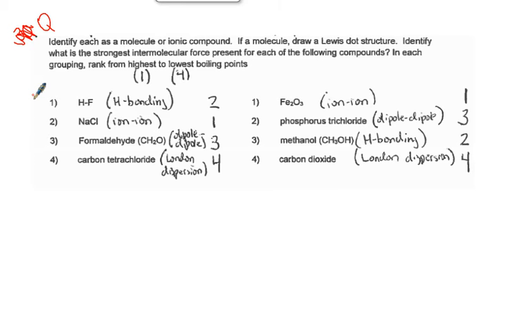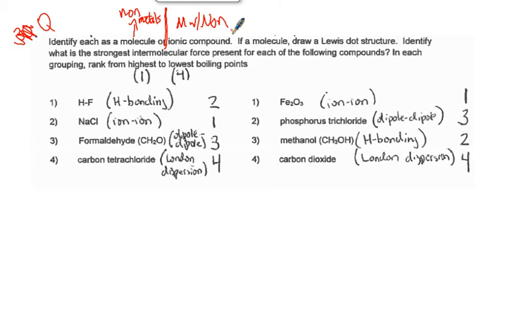All right. So for letter Q, we are supposed to identify each molecule as a molecule or ionic compound. If a molecule, draw Lewis dot structure. So first of all, molecules have what? Non-metals. Only non-metals. Ionic compounds have metals with non-metals.